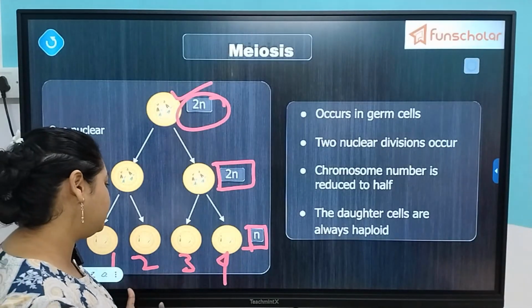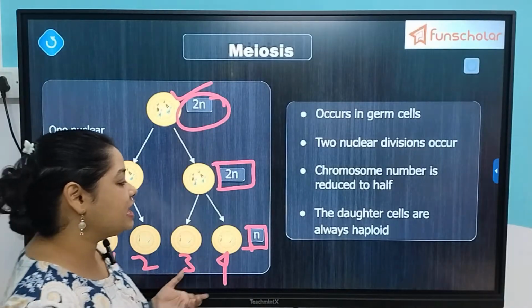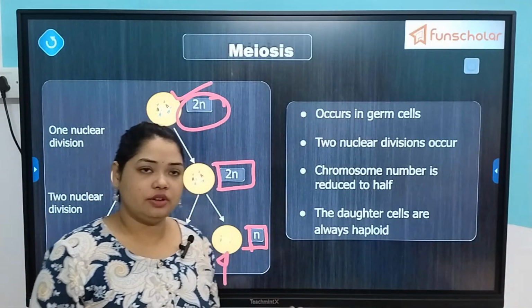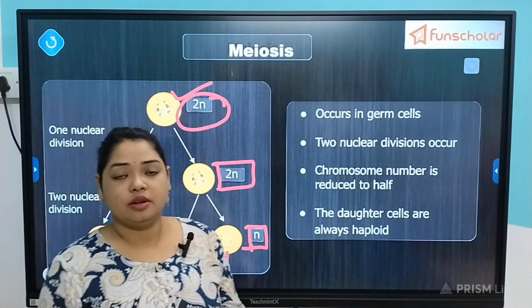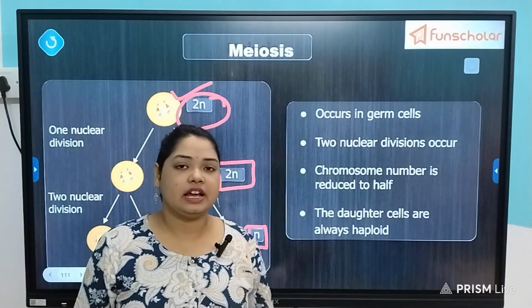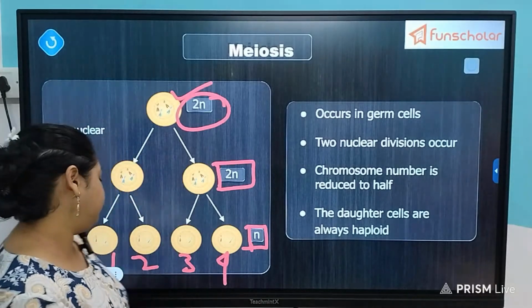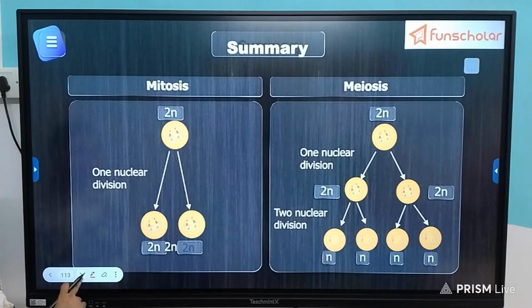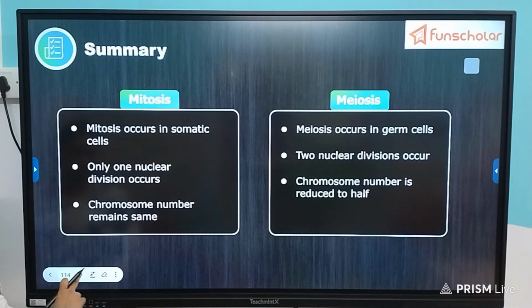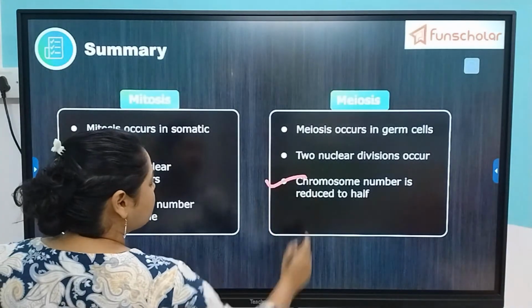So this is the case of meiosis, and this happens when the cells form the gametes, such as the male gamete and the female gamete, that means the sperm and the ovum respectively. So here in mitosis the chromosome number remains the same, but in meiosis the chromosome number is halved.